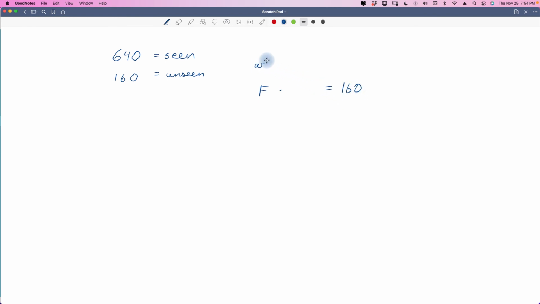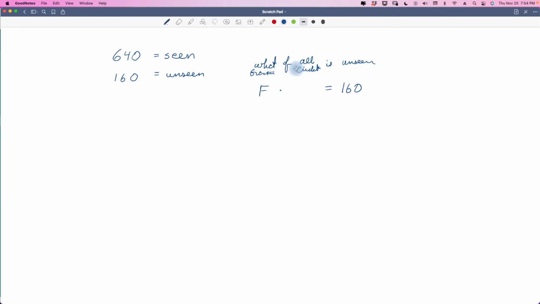What fraction of all the crickets is unseen?